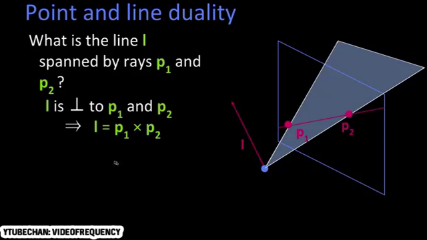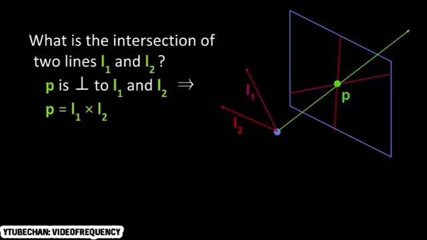Since L here is just perpendicular to both P1 and P2, well, you remember how to get a perpendicular vector given 2 other vectors. You just take their cross product. Okay, so L is equal to P1 cross P2. That's it, no problem. And L is the normal to the plane. So that plane is the line, so the way I get the line is I just cross the 2 points. Very easy. Let's keep going.